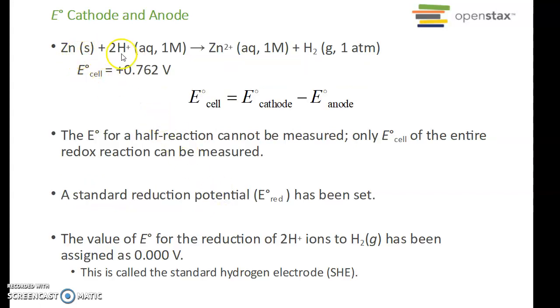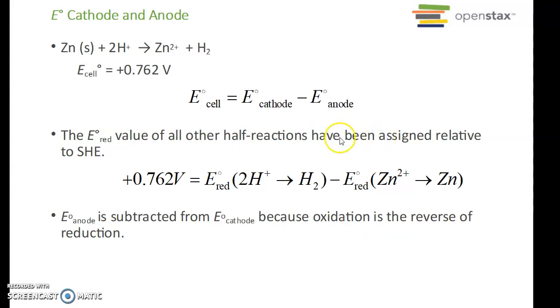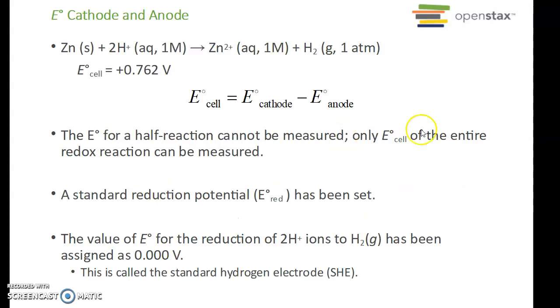For zinc, okay, this is just what we had on the prior one. This is a further explanation of that slide. So E0 for the half reaction cannot be measured. Okay, only for the entire reaction can you actually measure it. So the standard reduction is set, and the value for the reduction of hydrogen has been assigned a value of 0 volts.